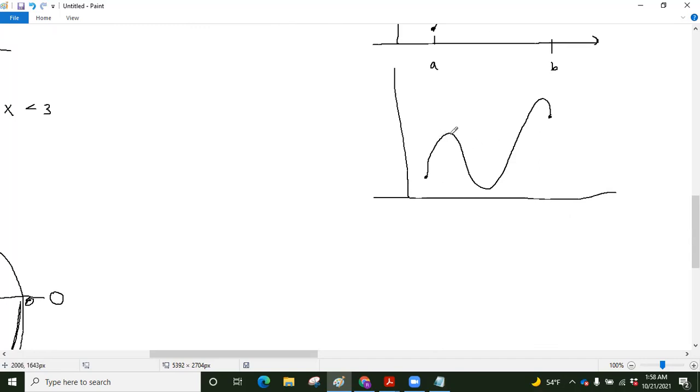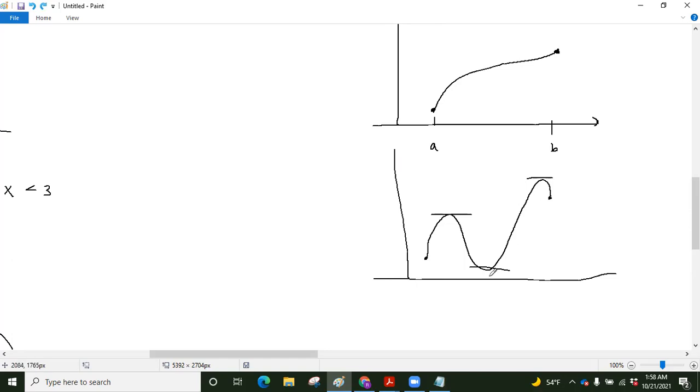Once we find all the candidates for where the critical numbers are, we can plug those critical numbers back into the function to see which one is the highest. Does that make sense? So once we find which one is the highest, we say, okay, this is the absolute maximum, or this is the lowest, so this is the absolute minimum.